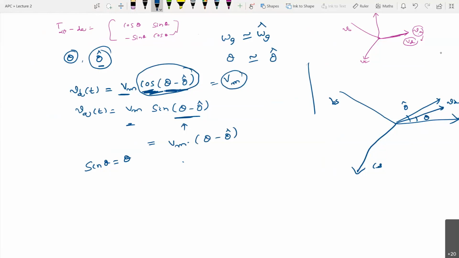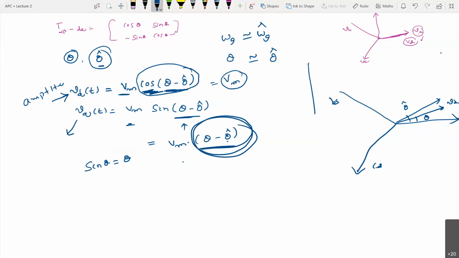It's clear? Yes, sir. Okay. So that's why the d-axis contains the amplitude, and the q-axis contains the phase angle difference, in other words theta minus theta dash.